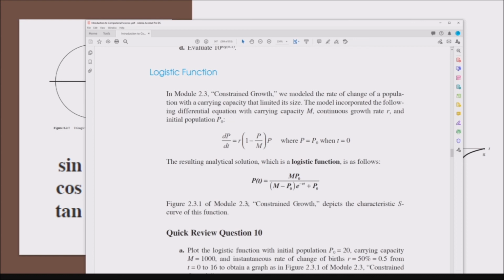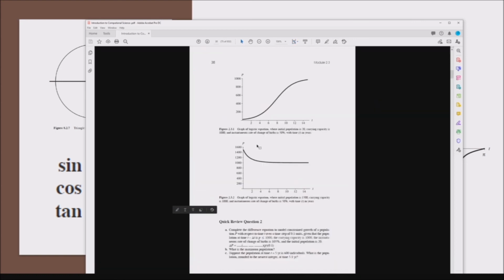Obviously we had some graphs. This is what the graph looks like. Do you remember this one? This is what the graph looks like for those kinds of functions, which is a logistic function. Actually, this one right here. We looked at this before, and it will always stop at the maximum carrying capacity.